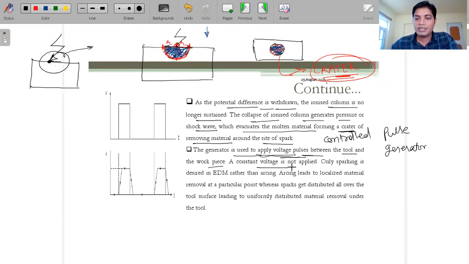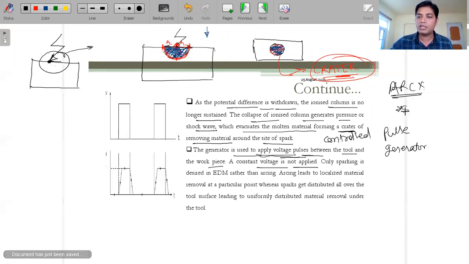A constant voltage is not applied. The reason is we do not want the generation of an arc. We do not want the formation of an arc, we want only the formation of a spark. So constant voltage is not applied; only sparking is desired in EDM rather than arcing.